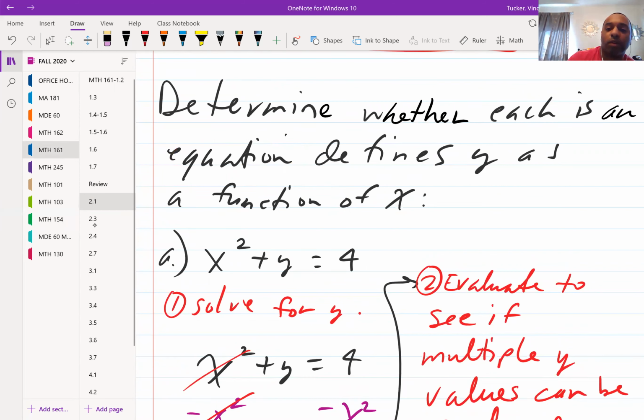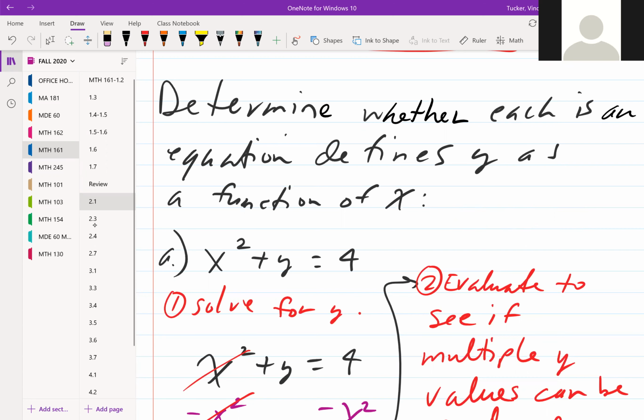Before we just had a relation. Remember, a relation is just a set of ordered pairs. So we were trying to determine if that relation was defined as a function. Now we're trying to determine, is this equation defined as a function? All right. Is that what you were asking? Got it. Okay, cool. I just wanted to make sure I answered your question.